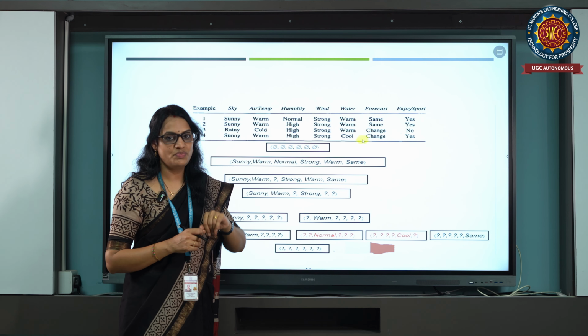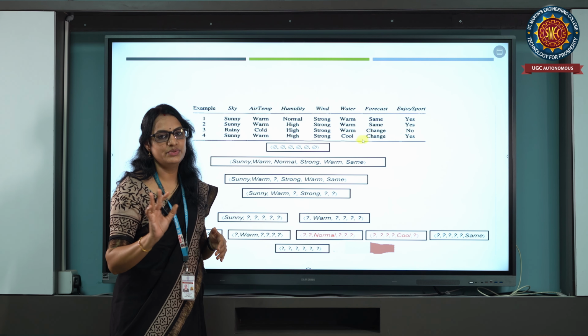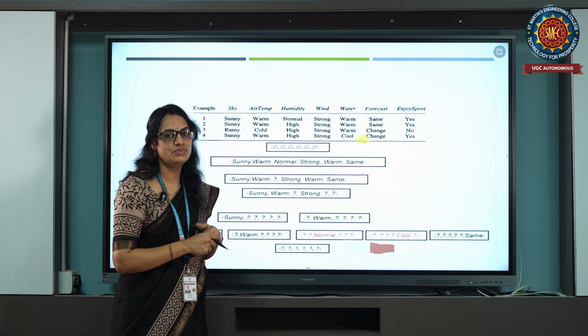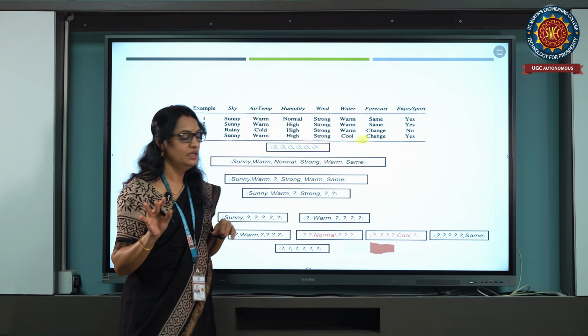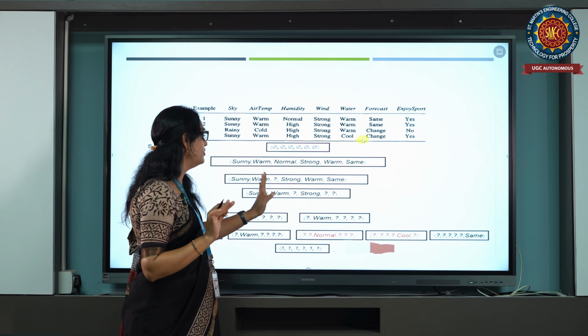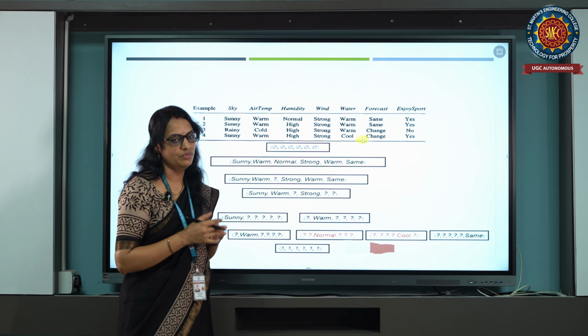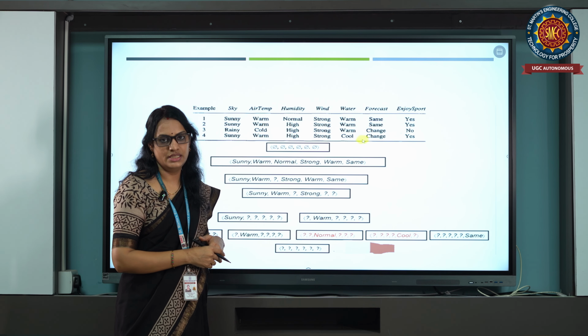In the specific hypothesis, as it is a negative example, there is no need to change the S2 value. S2 is more specific. For the third example, I'm taking the notation as S3 here, so I'm not changing any values for S3. Sunny, warm, question mark remain as they are. Both are initialized the same because it is negative, so there is no need to change anything here.